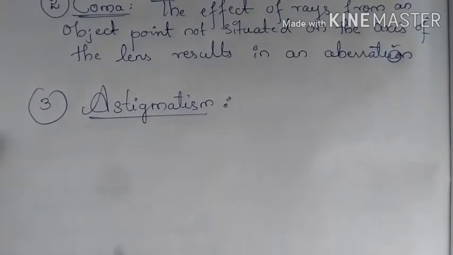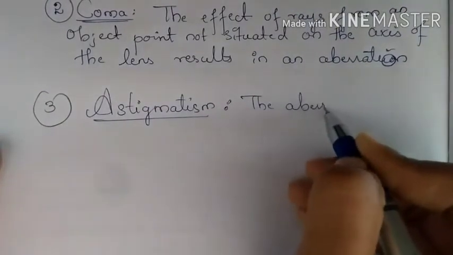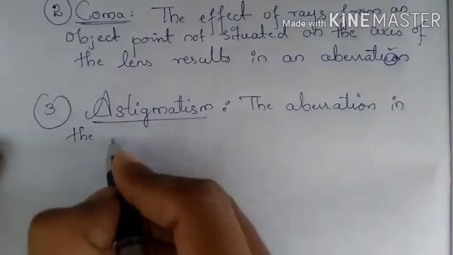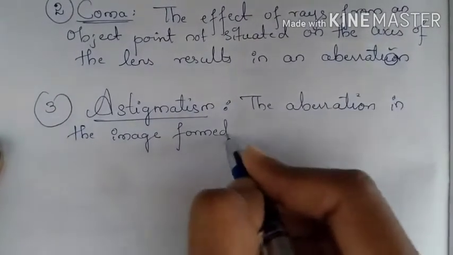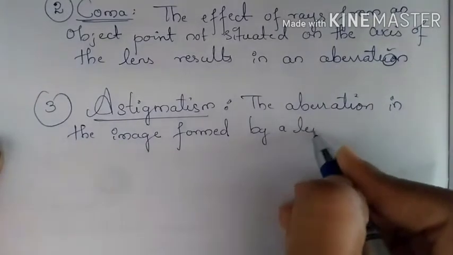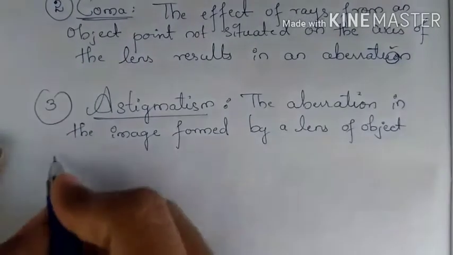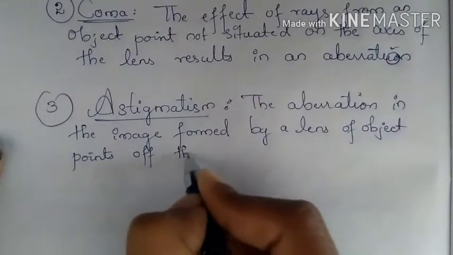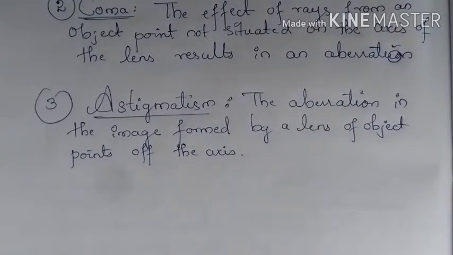So here you are getting the object points off the axis. So this gives the astigmatism monochromatic aberration.